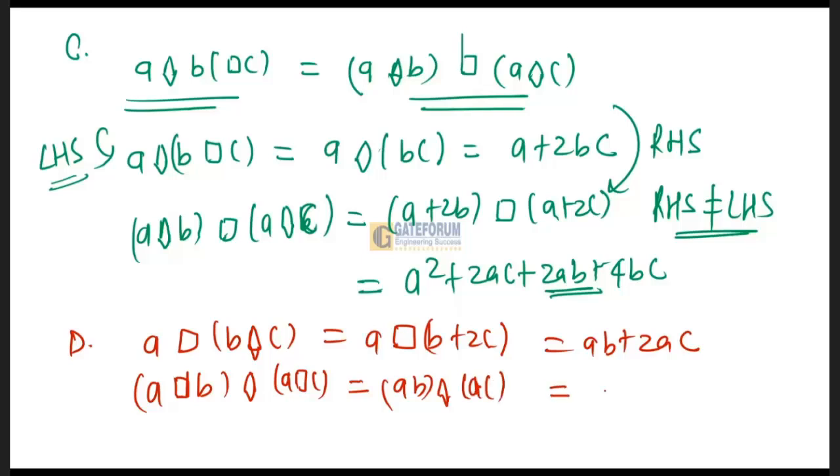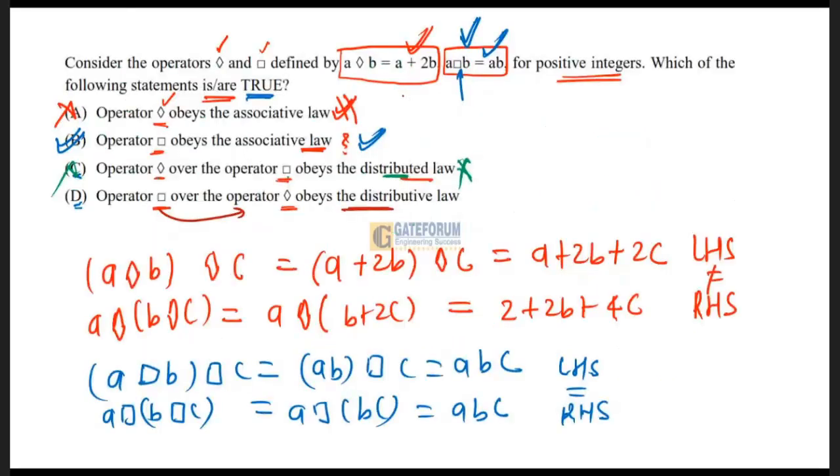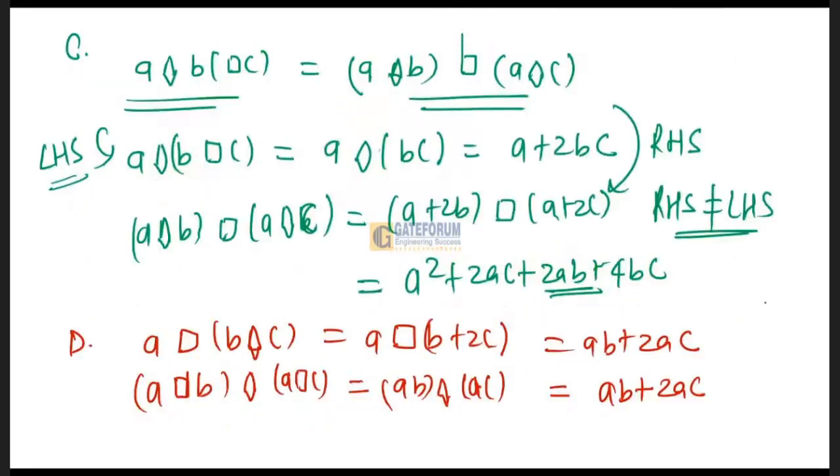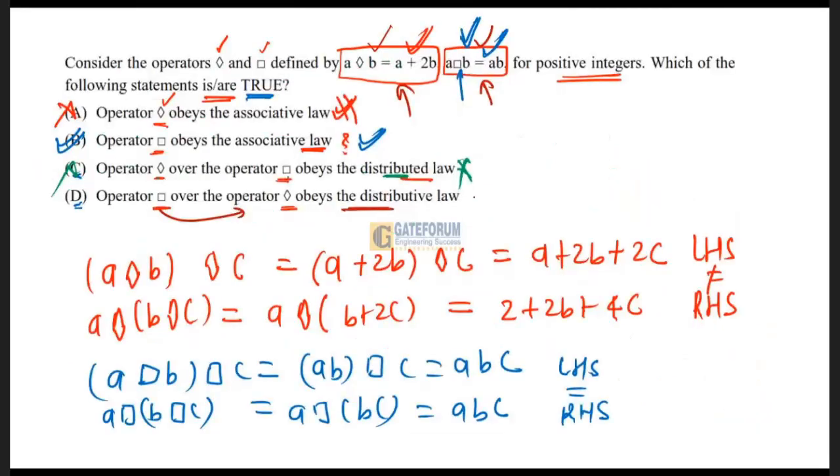If you analyze it, it is also AB plus 2AC, because we are following the rule given in the question. Here LHS is equal to RHS. So D is again true. Out of these, A and C are rejected but D is accepted.